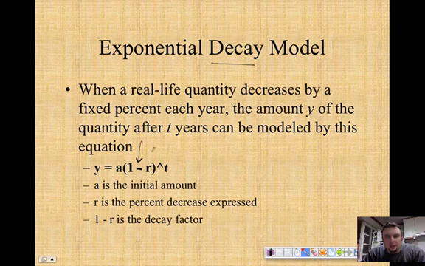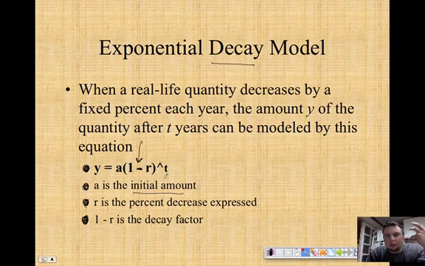So try to remember that. And once again, these are bullet points, not negative signs. Should have changed that, but that's alright. Here we go. So just like before, A is the initial amount of whatever you're talking about, whether it be viruses or money. R is the percent decrease expressed.